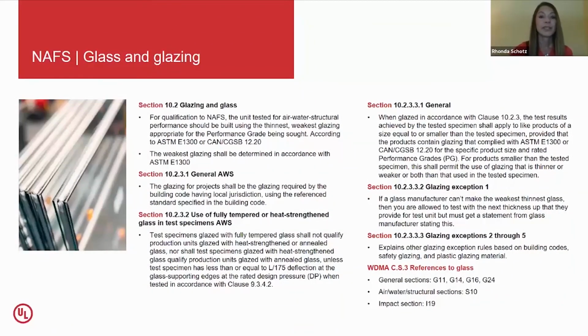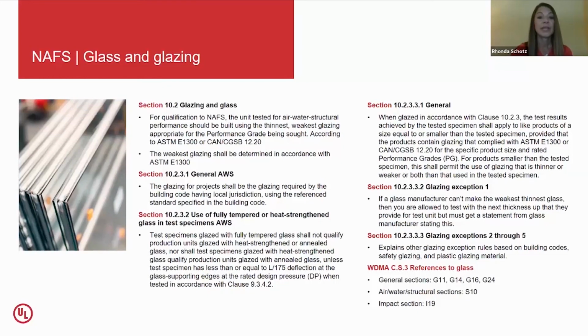This section of NAFS discusses the use of tested glass thickness versus production glass thickness requirements. Basically, all glass for test units should meet the ASTM E1300 guidelines as referenced in section 10.2 of the NAFS. If a manufacturer tests with a stronger glass than what is shown in the E1300 and passes the test, then they would be required to also use that strength or stronger glass in their production units.